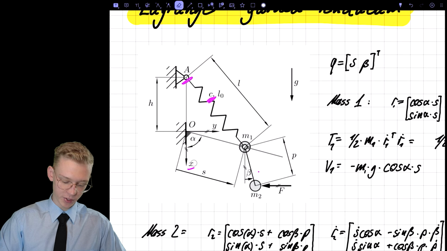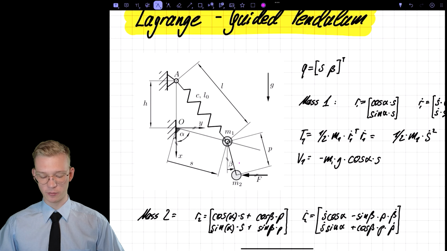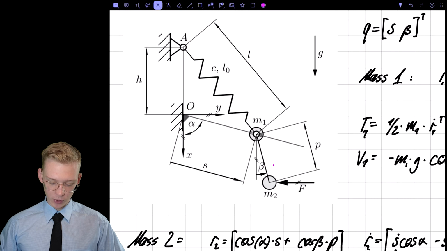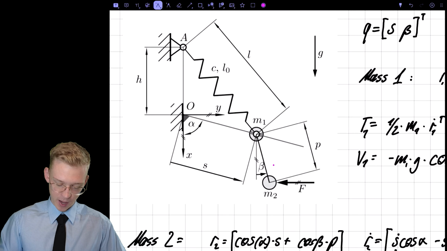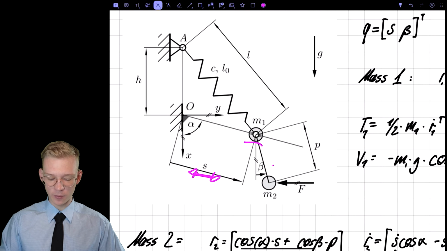Now our goal is to find the equations of motion. And to do so, we have to first get our generalized coordinates, so our actual degrees of freedom. If we look at our system, we see that mass 1 has only the option to glide along the rod that we have, and the distance is set with s.